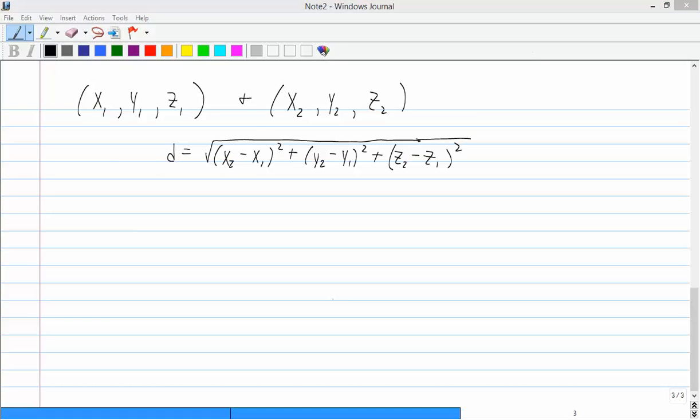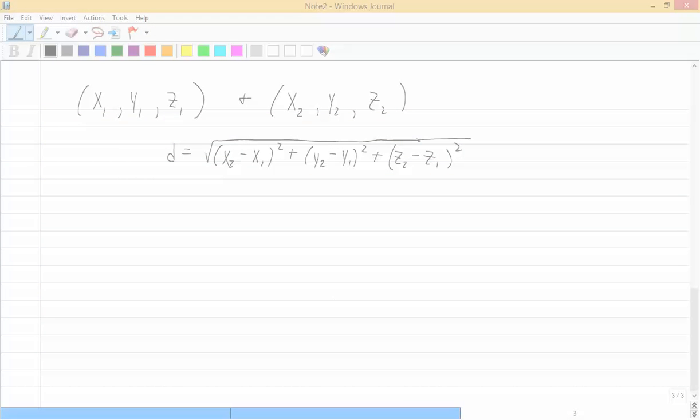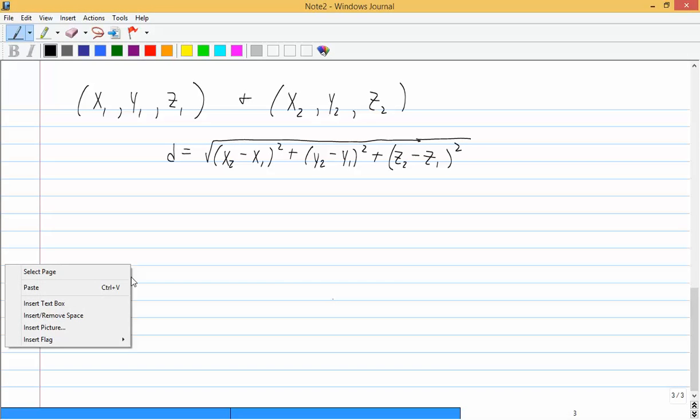So let's see if you can, real quick, find the distance between 2 points. Let's find the distance between these 2 points here.